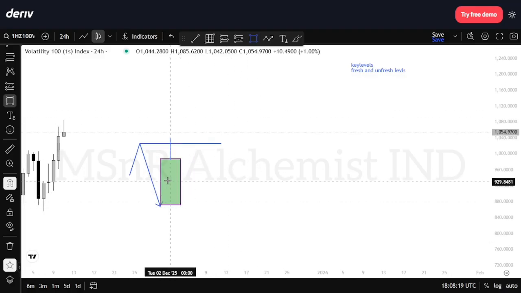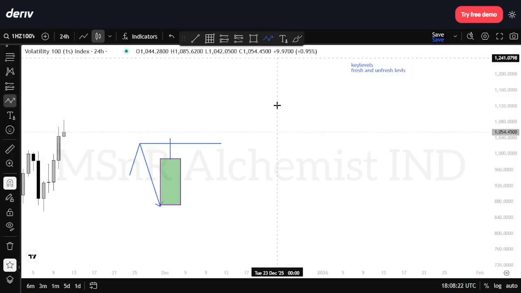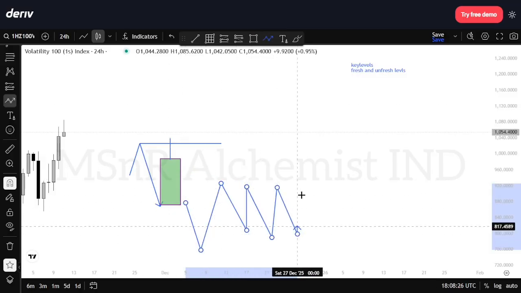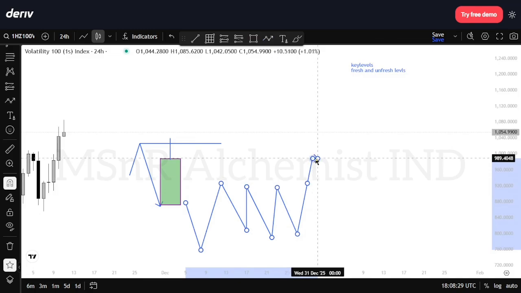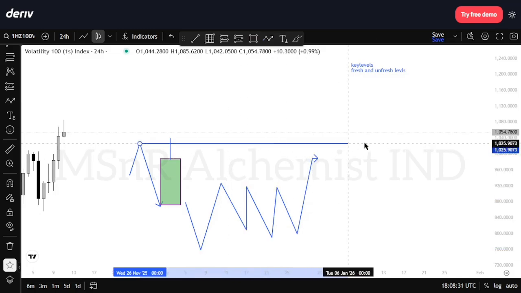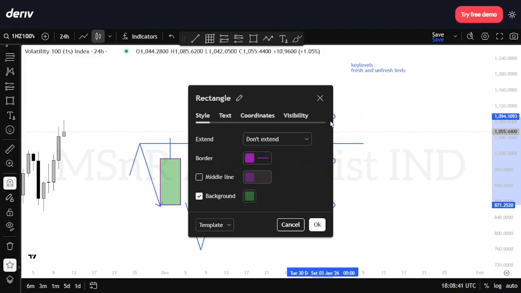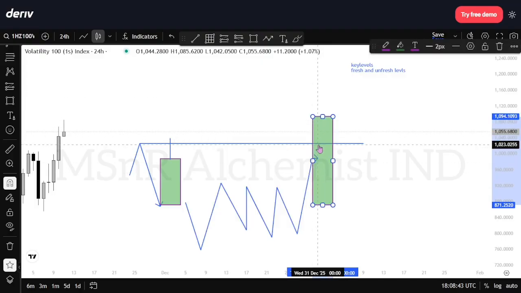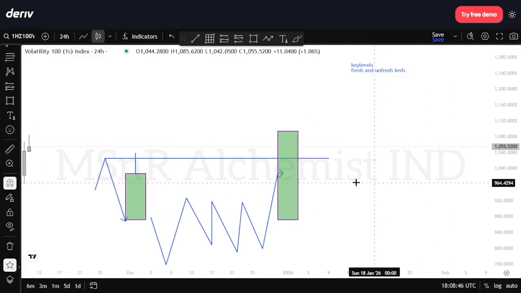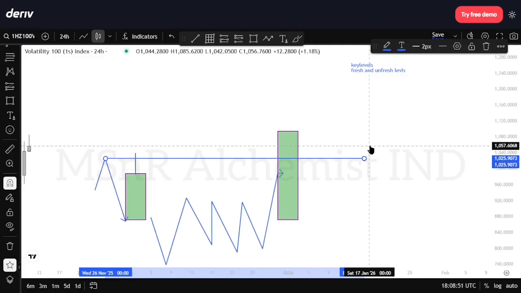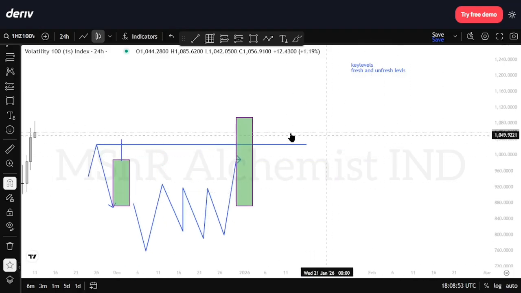If the market did like this and came back to this resistance, and this time broke that resistance with a body closing above it, then this resistance becomes your support. We talked about that earlier.